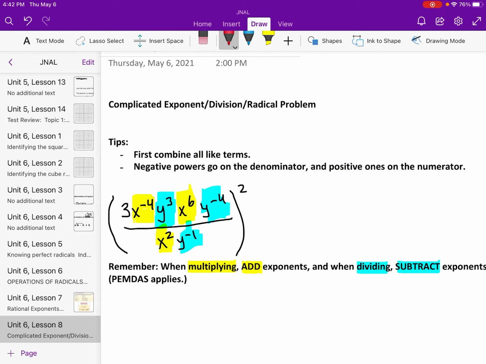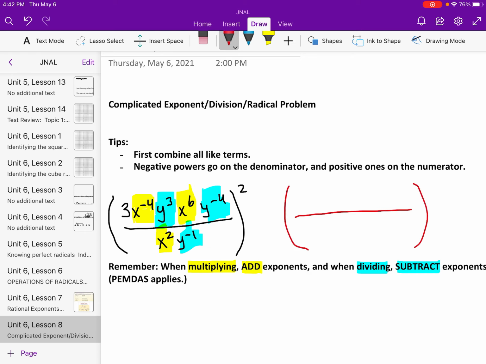The first thing that I suggest doing is, before we combine like terms, moving any negative thing to the opposite side. So basically, any exponent that's negative, switch it to the numerator or denominator.